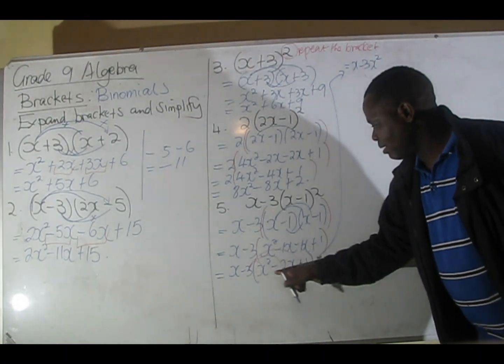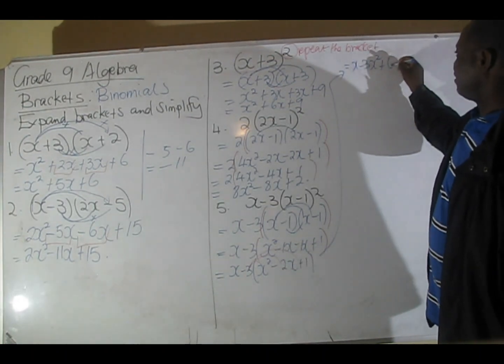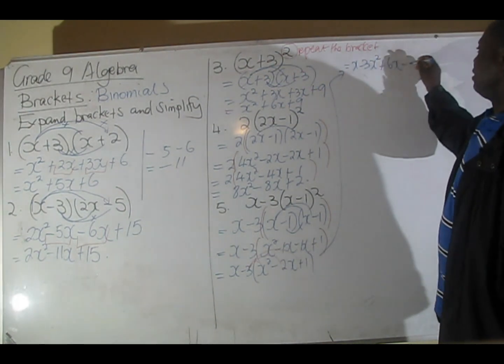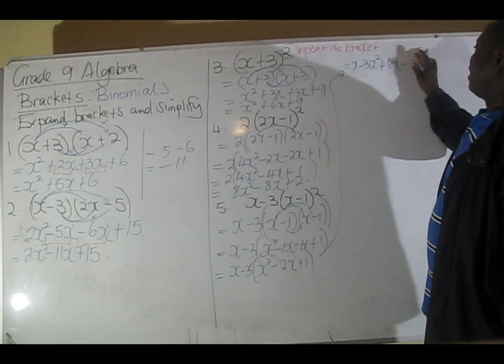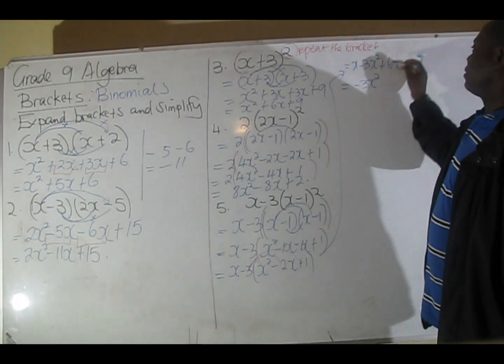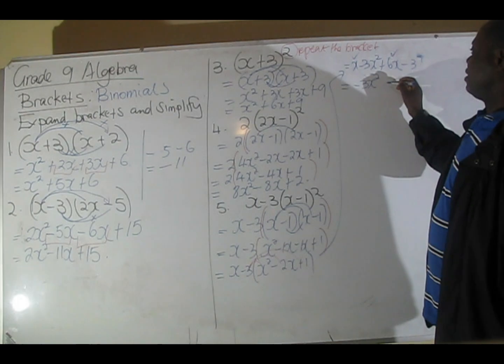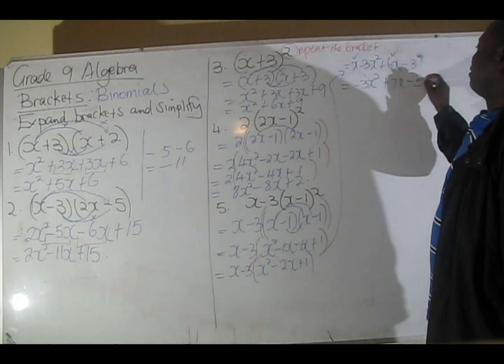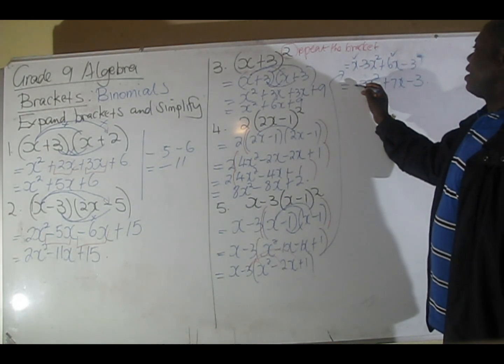And negative 3 times negative 2x is positive 6x. And then negative 3 times 1, I get minus 3. Then finally, you look for like terms. This one and that one give us one value, that's 7x, and then minus 3. So this is my answer.